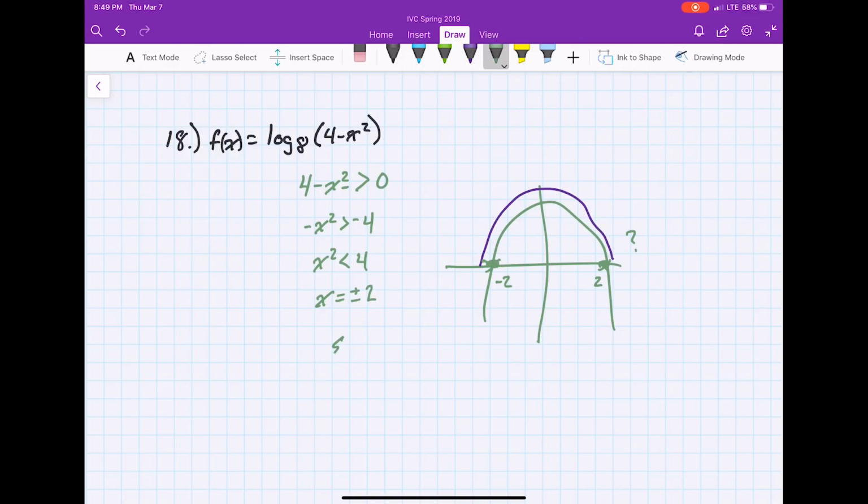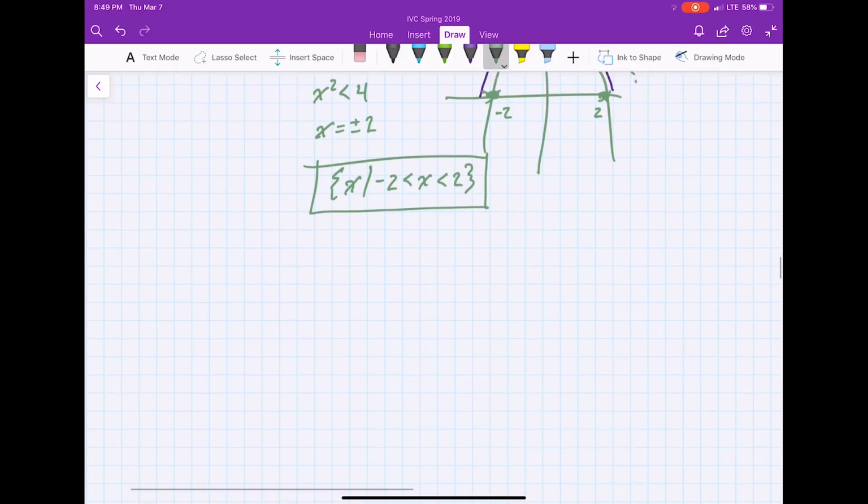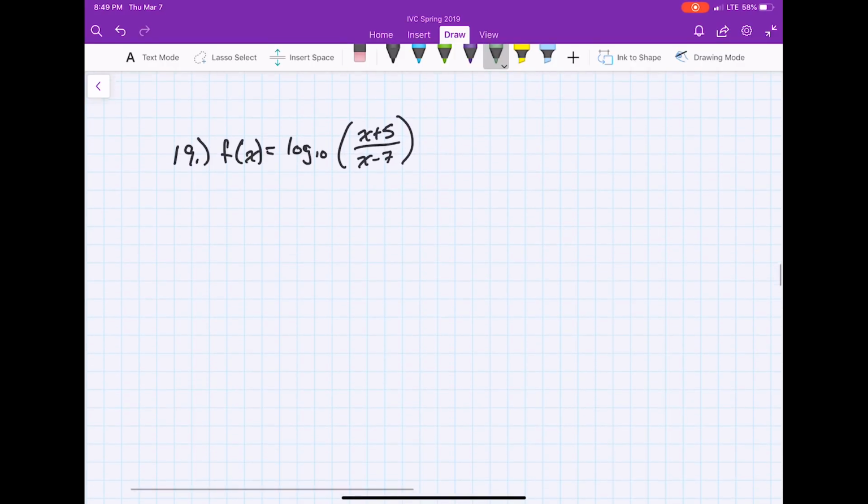That was the method I used to get the 2 points, but that less than or equal to thing, you just have to know that this has to be above the x-axis, so I'm looking for the stuff in between these 2 points. So x is such that negative 2 is less than x, which is less than 2. So that's really our domain here. Kind of a little tricksy one.